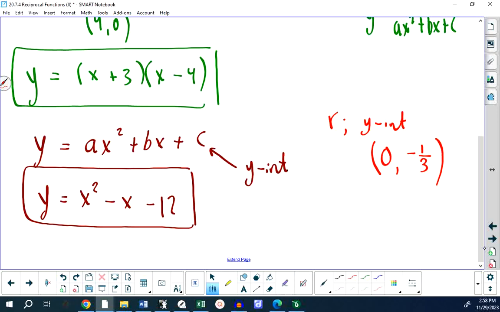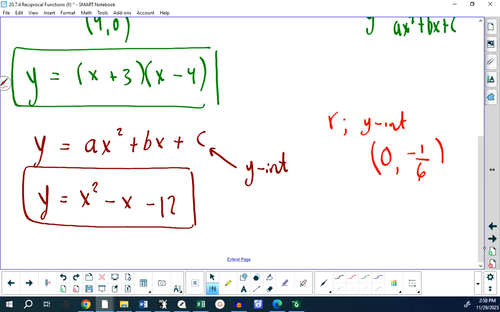Better not do that to you. What if I told you that this is the y-intercept of the reciprocal function? We're done. You're not writing down anything else. I don't want you to change your work.